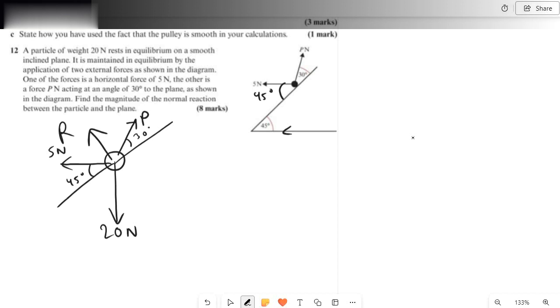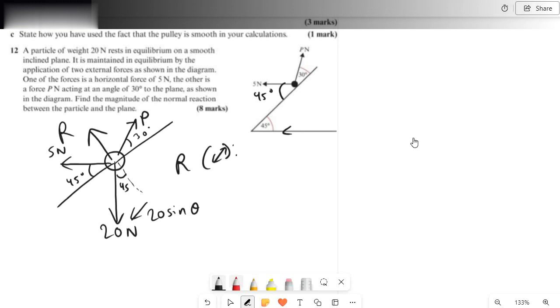So first of all, we have to resolve parallel to the plane and say that this will have an effect of 20 sine theta because this is theta, which is 45. And similarly for the 5 Newton, we can say that the component in this direction should be 5 cos 45, and for P newtons this should be P cos 30.